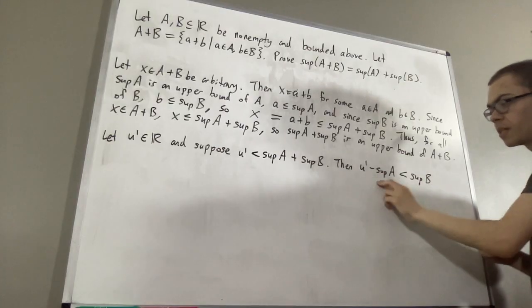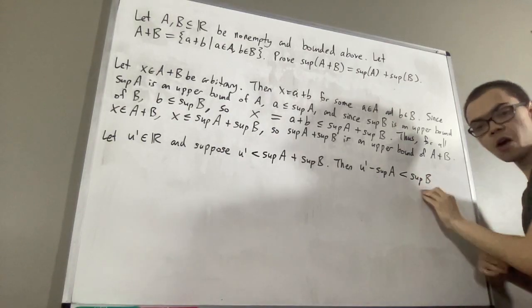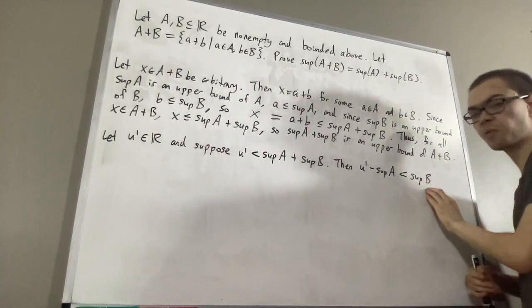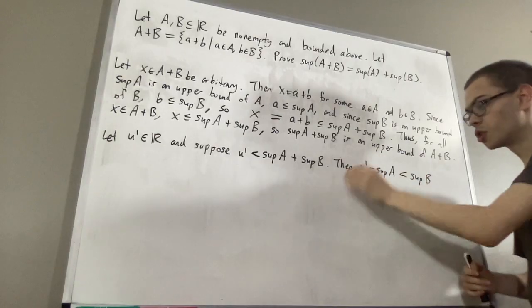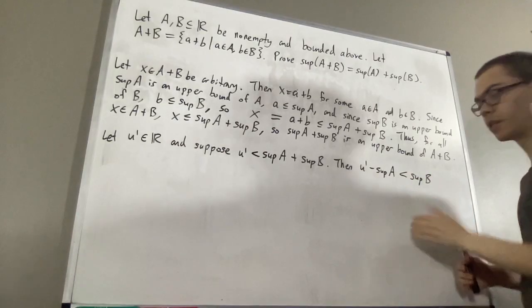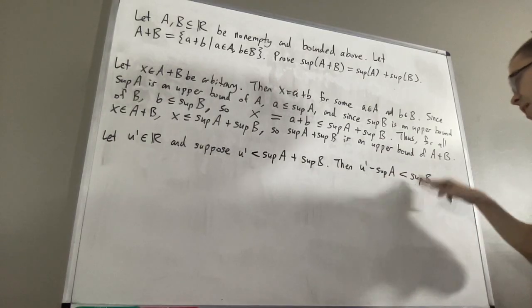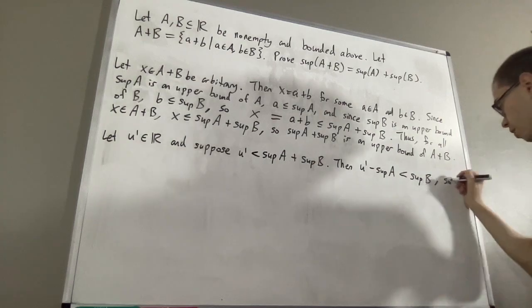Therefore, u prime minus the supremum of a is less than the least upper bound of b. So anything smaller than the supremum of b is not an upper bound of b, right? So u prime minus the supremum of a cannot be an upper bound of b, right? This just comes from the definition of the supremum. Anything smaller than the supremum of b is not an upper bound. So u prime minus the supremum of a is not an upper bound of b.